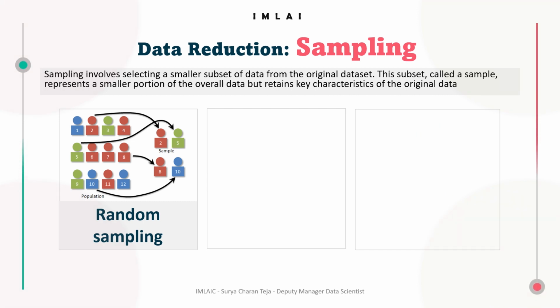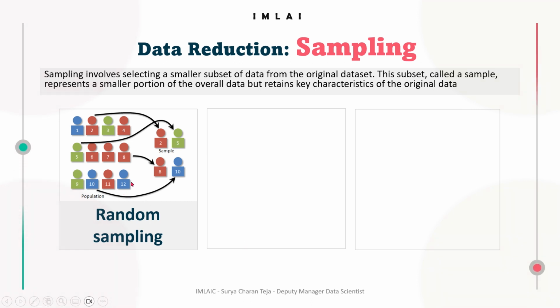So now let's look into random sampling first. In random sampling, a random subset of data points is selected from the original data set.